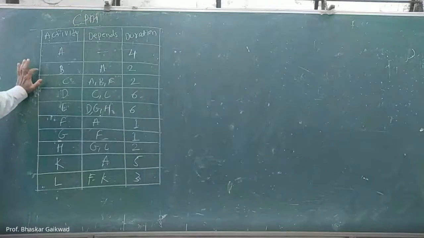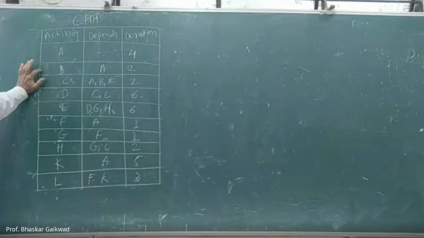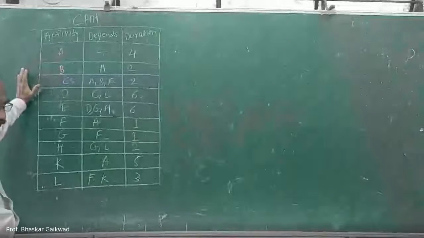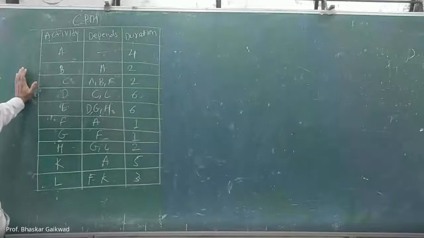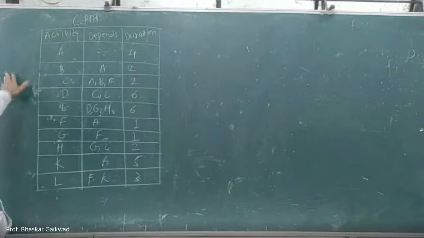Draw the network diagram, find out the critical path, project duration, total float, and free float. This much question will be there for any problem. And problems like these will always be in your GATE exam, university exam, critical path method.